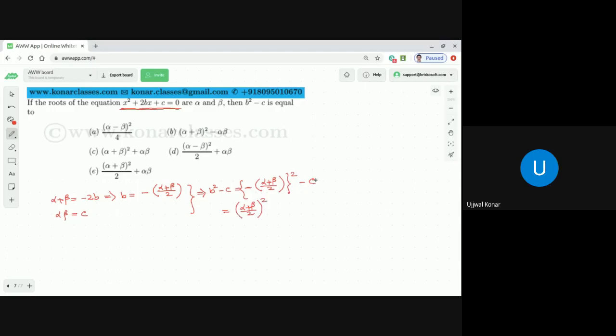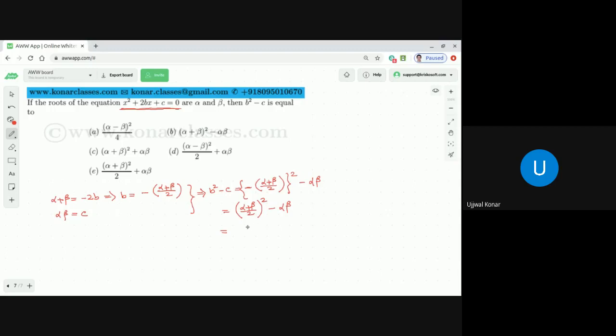So instead of c, I should write alpha into beta. Correct? So minus alpha into beta. So this is equal to alpha plus beta whole square over 4, minus alpha beta.